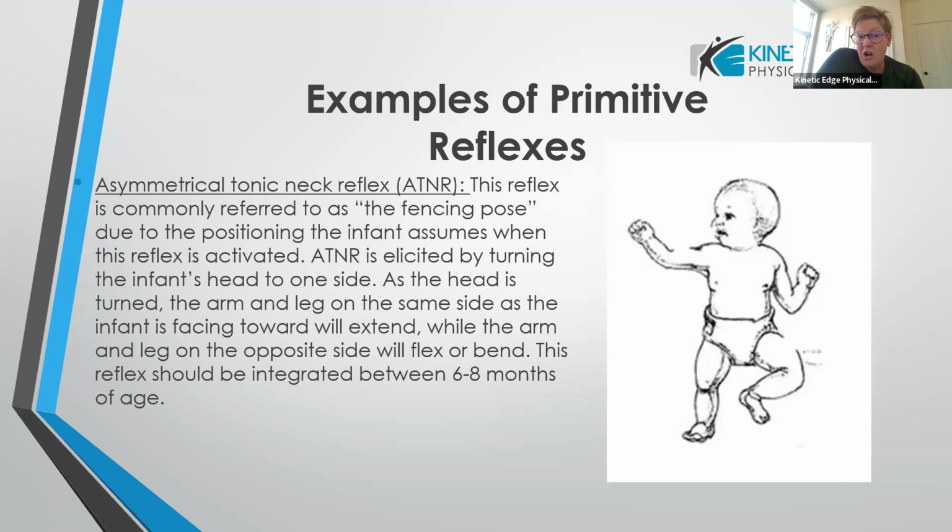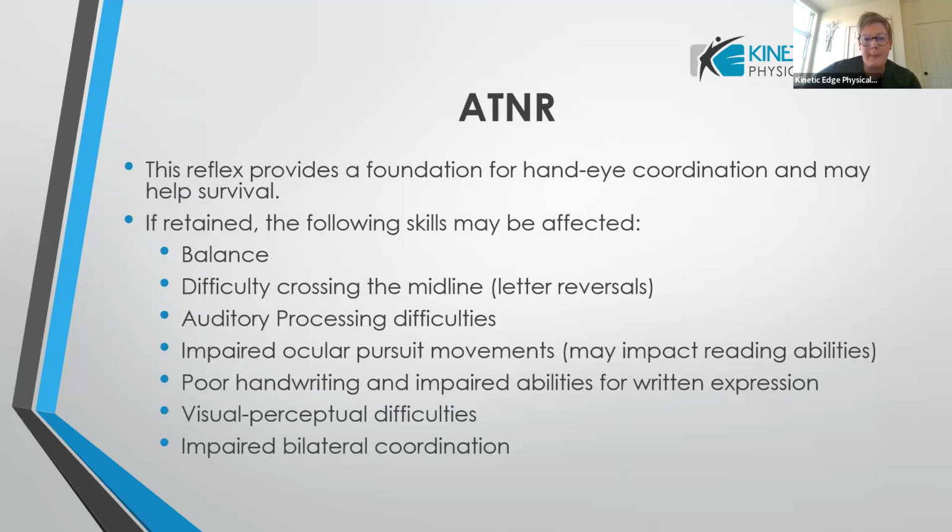It helps them figure out how to roll. It assists in discovering their hand, so being able to bring their hand to their mouth. It helps with the development of sound localization. It helps with visual processing, midline crossing. This reflex typically gets integrated between 6 and 8 months of age.